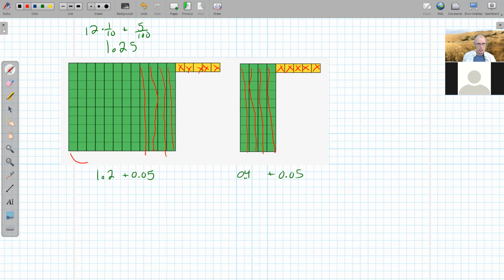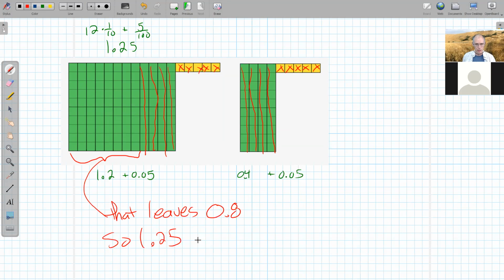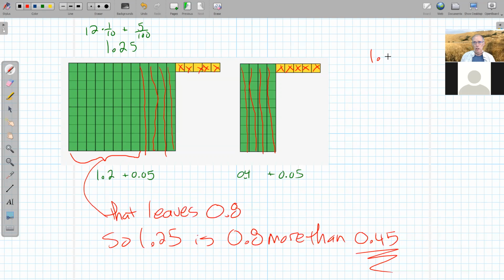Then I can see here what that leaves: eight tenths. So 1 and 25 hundredths is 8 tenths more than 45 hundredths. This shows why the answer is 8 tenths. You know a lot more than the kids do. You're used to the algorithm where instead of writing it out lengthwise like this, we stack.